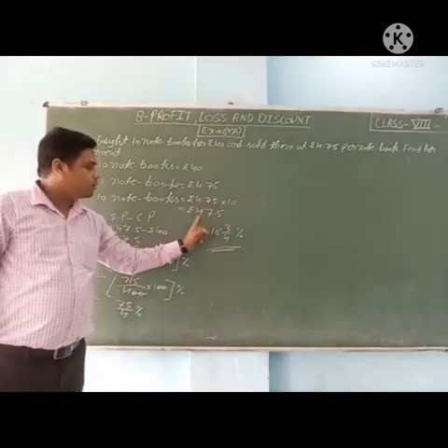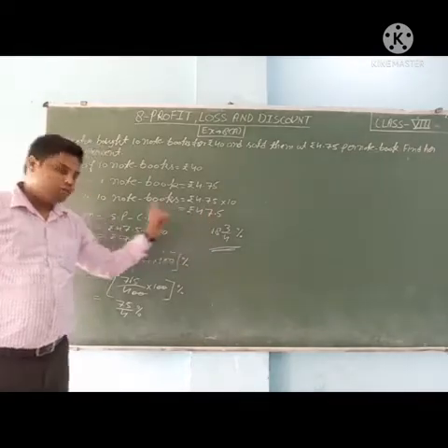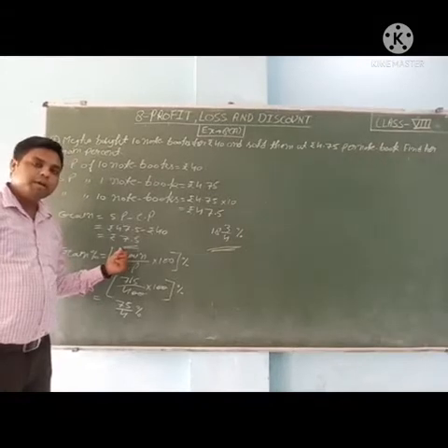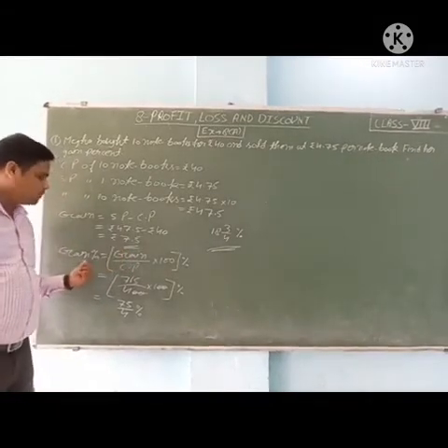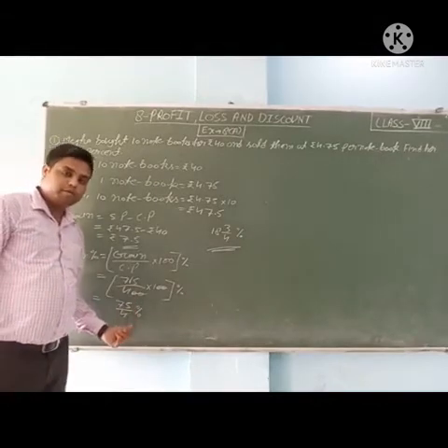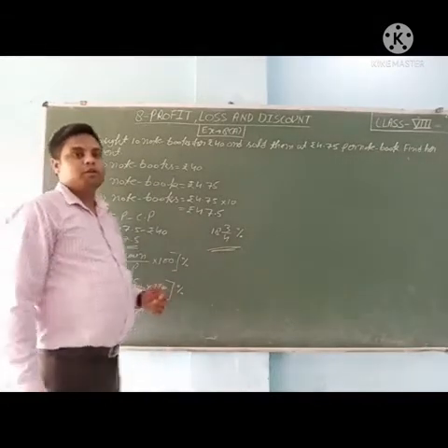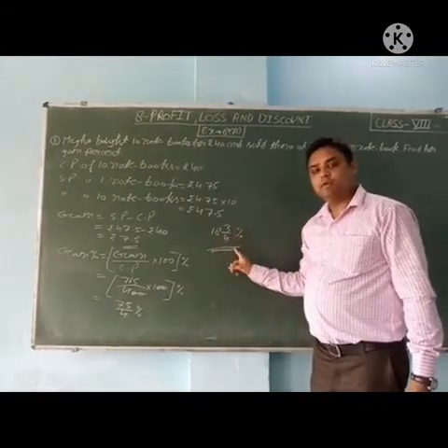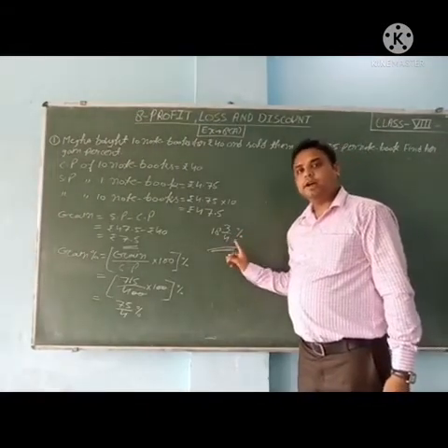It is coming rupees 47.5. So gain is equal to SP minus CP. We are getting rupees 7.5. Then we find gain percent. It is coming 75 upon 4%. It is an improper fraction, so we can convert it into a mixed fraction. So gain percent is equal to 18 whole 3 upon 4%, and that is the answer.